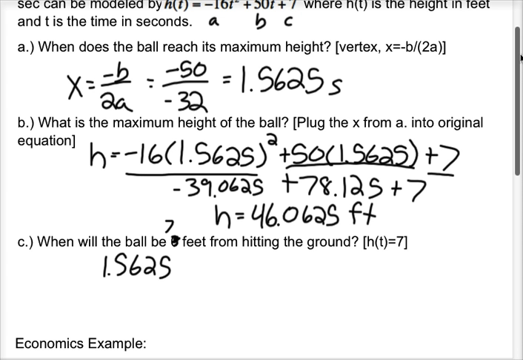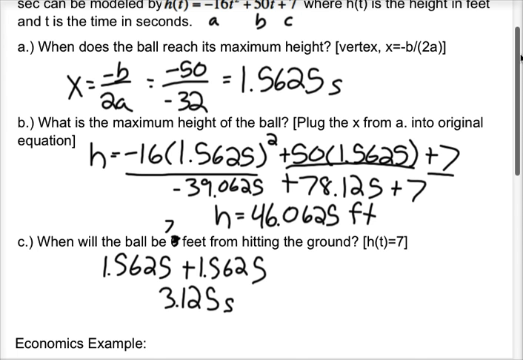Well, to get back down to that 7, it's going to take another 1.5625 seconds. So altogether, it would take a total of 3.125 seconds to go up and come back down to that 7 feet that it started at.